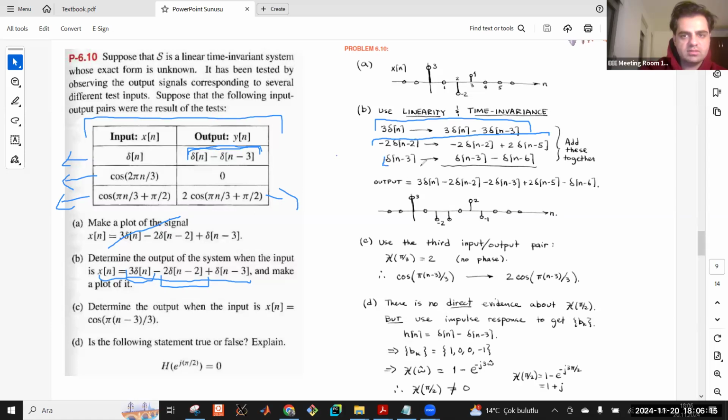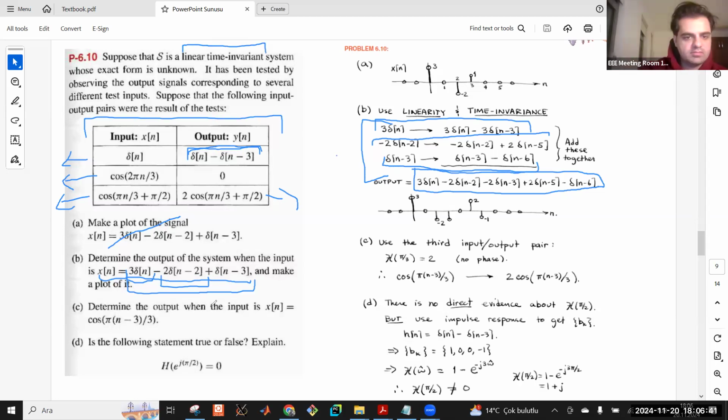And this will be the impulse response shifted by 3. And the overall output will be their summation. So we took advantage that this system is linear time invariant.